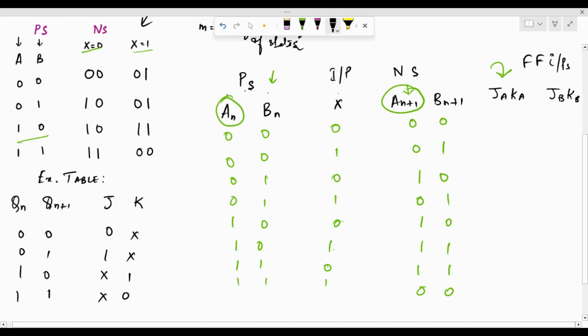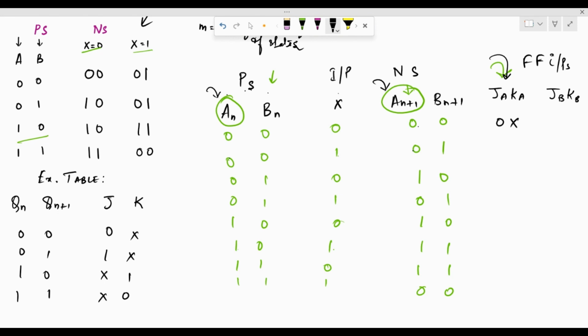With the help of this table, we can fill this column for JA KA, observing only the present state An and the next state An plus 1. This pertains to JK flip-flop A. The transition 0 to 0 gives JK as 0 don't care. Again 0 to 0 gives 0 don't care.